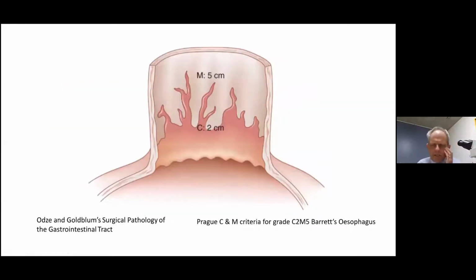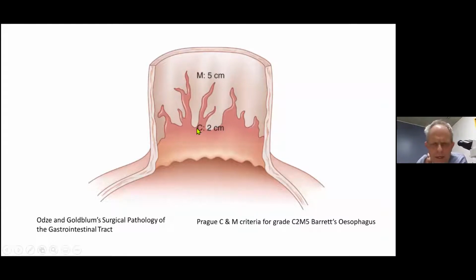Now, the other thing that I want to do as well, because we are going to be talking a little bit about Barrett's esophagus, is something that is seldom used. In fact, it's seldom that I actually get this information myself. And that is the Prague criteria for assessing the extent of Barrett's esophagus.